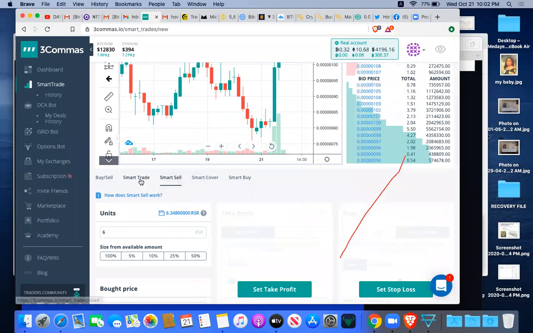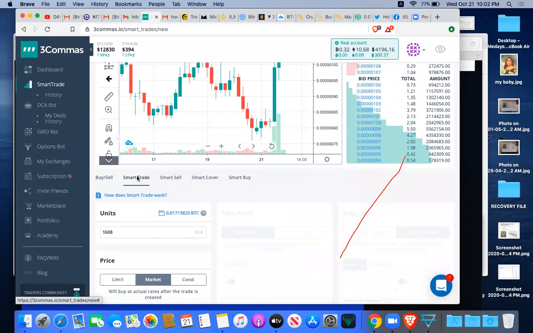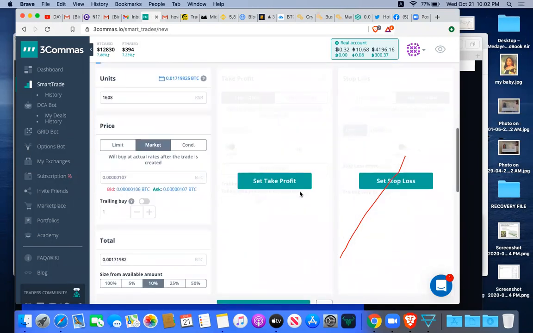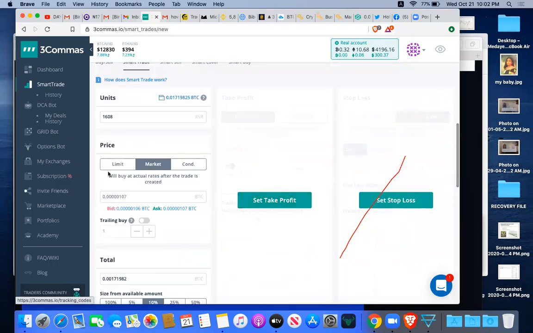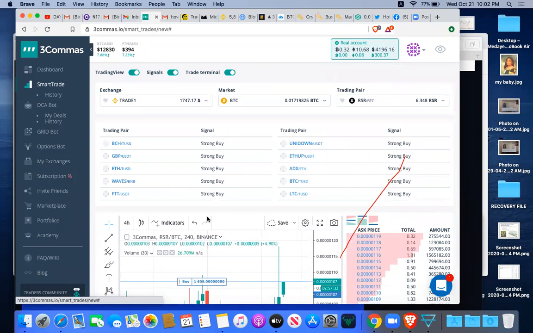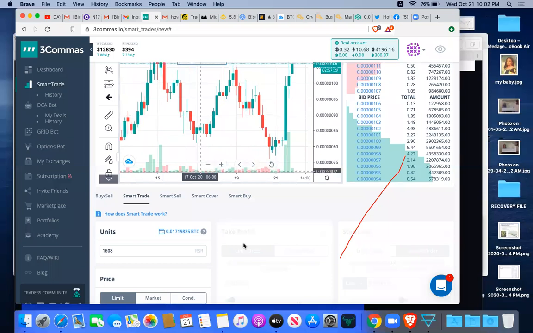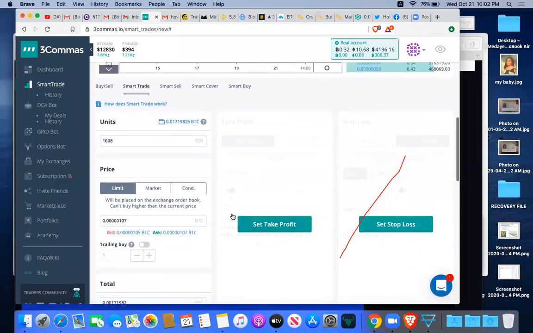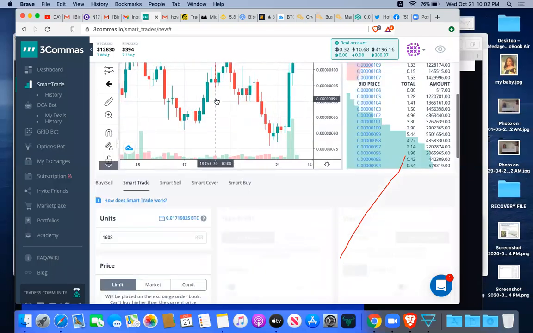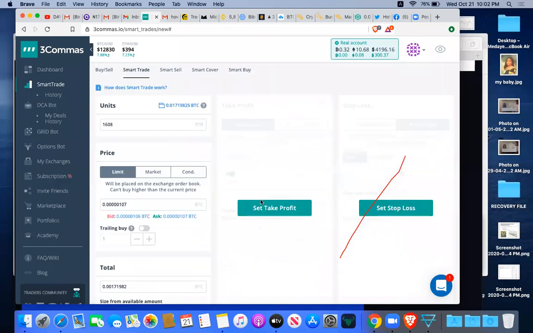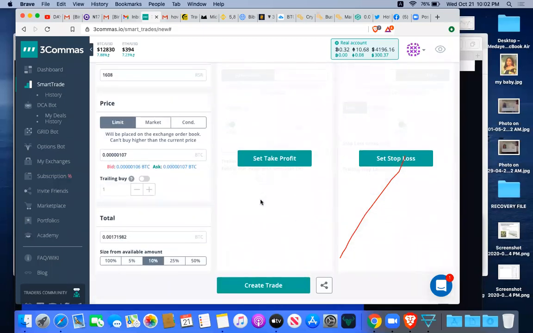Okay? So please, this is smart trade. Having done this, RSR, you look at it, please don't always use market order, use limit order, okay? So in the limit order, you can see the BTC I'm having here. It has made some profit. I have 0.017, I'm saying 0.016.